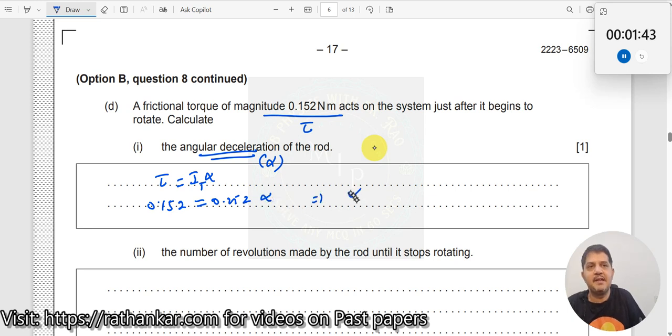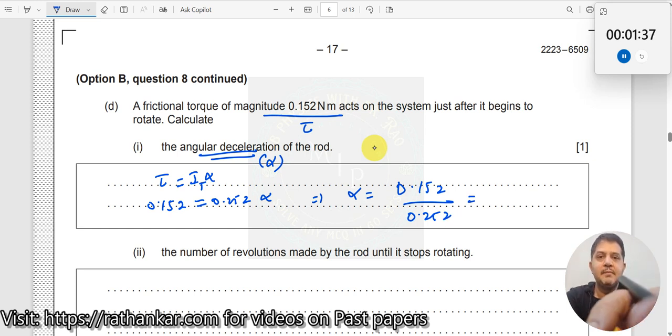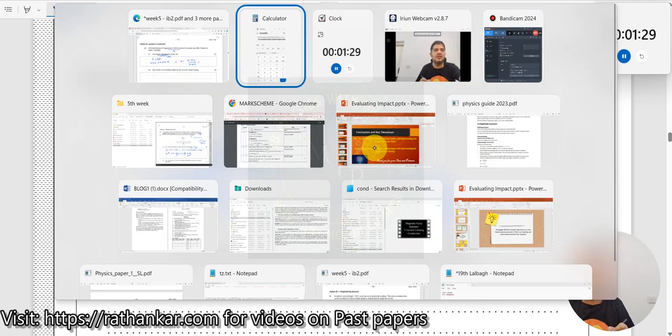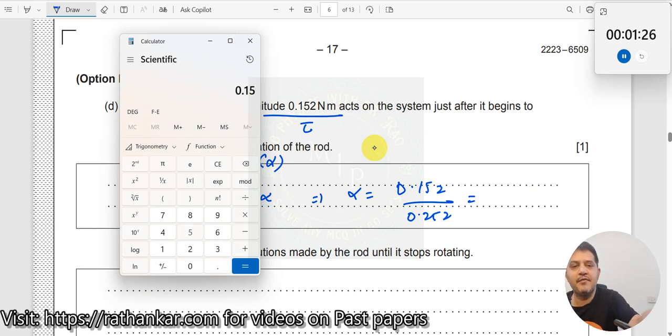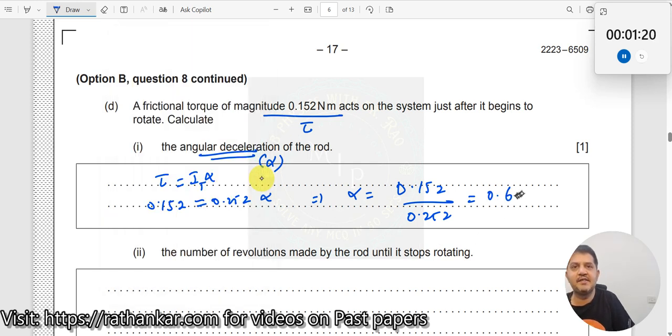So alpha should be 0.152 divided by 0.252. Let us calculate this also. So how much are you getting? 0.603. 0.6 radians per second square.